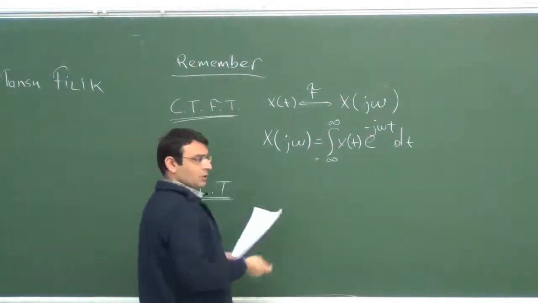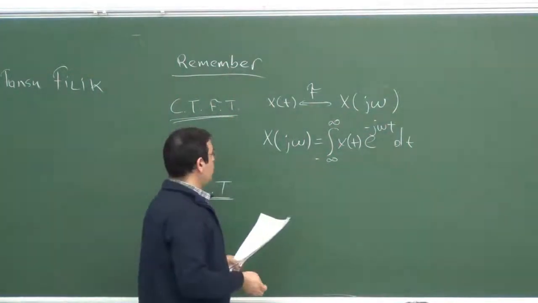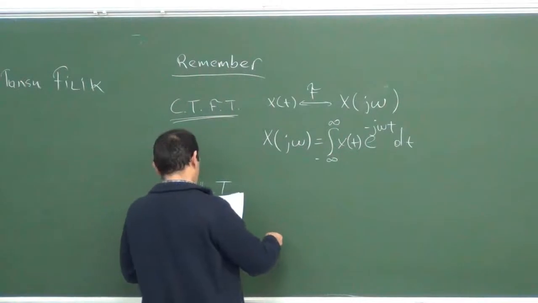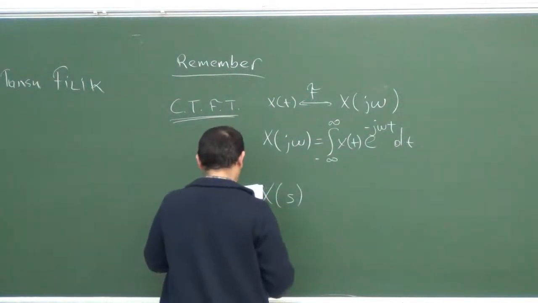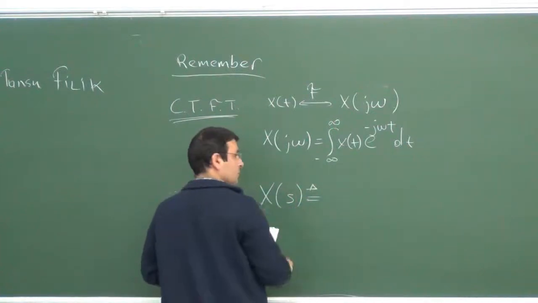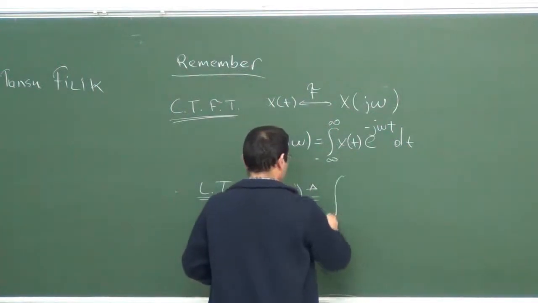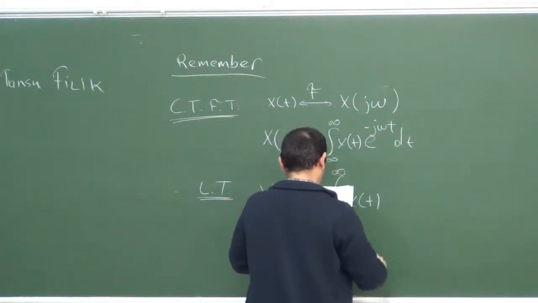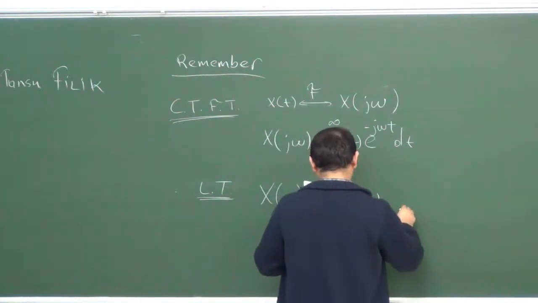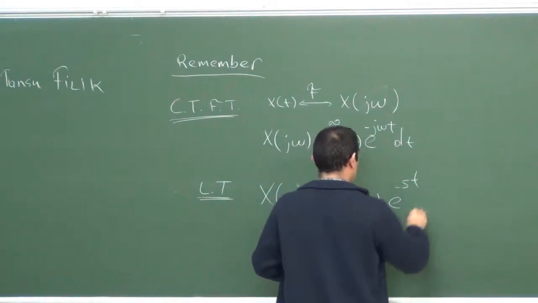If you have an unstable system and you want to analyze this system, you need a new tool, and this tool is the Laplace transform. It is simply like this, the definition of this. So what is the difference?